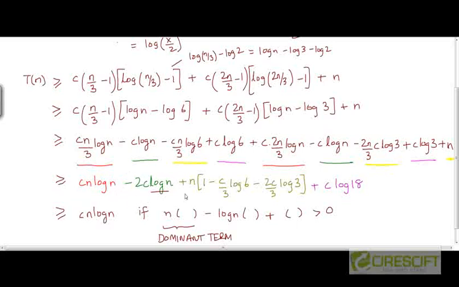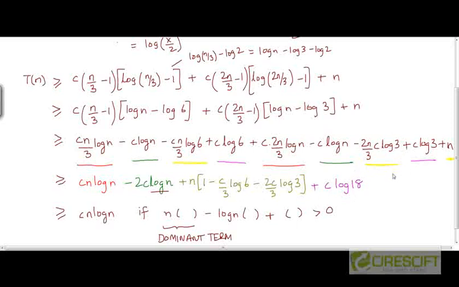But then we also got these extra terms. For T of n to be greater than or equal to just this first term by itself, the remaining terms should add up to something positive.